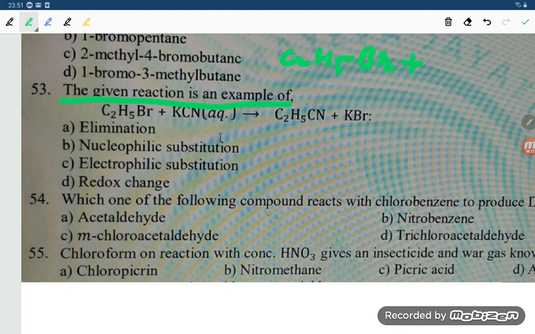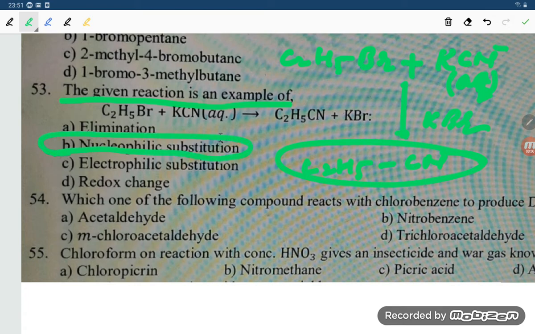C2H5Br plus KCN, and this is aqueous, so it will give a substitution reaction. KBr will be out, and it will give C2H5CN. What kind of substitution? CN minus is a nucleophile. So the correct option will be nucleophilic substitution reaction. Option number B is the correct option, student.